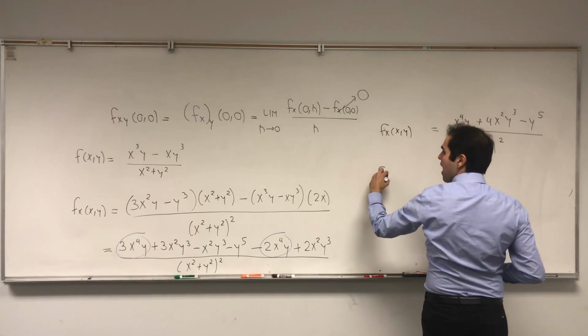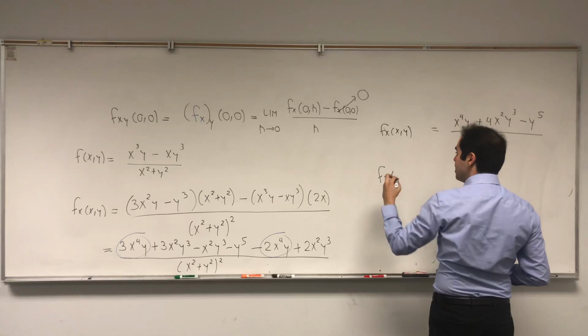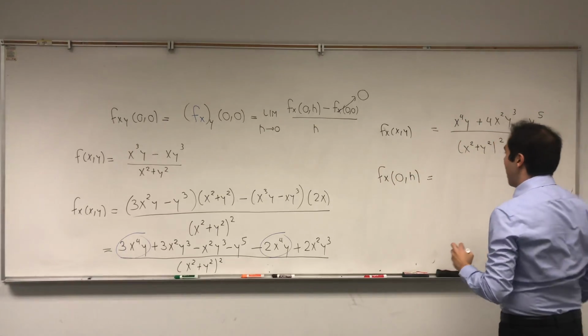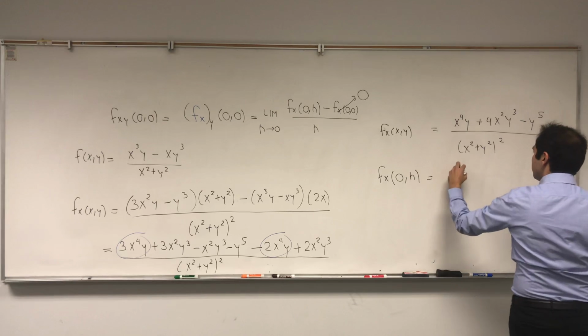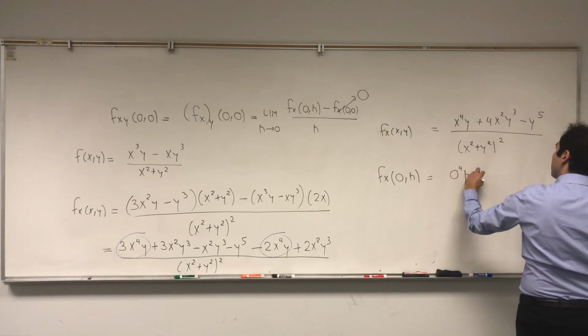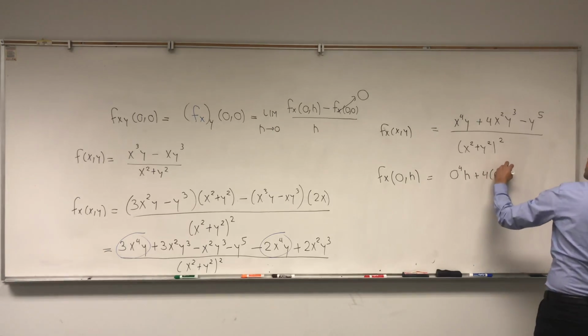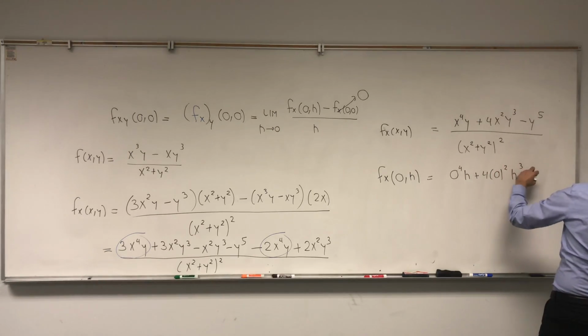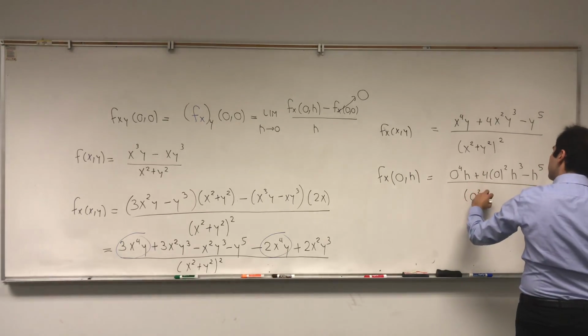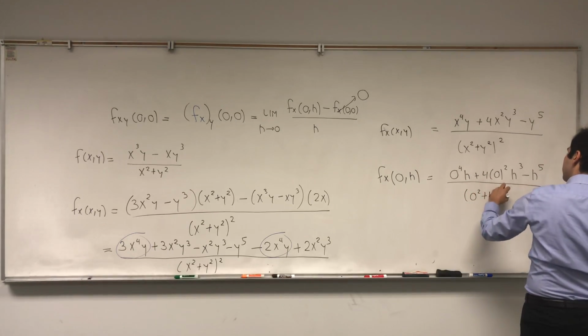Now let's do f_x at (0, h). So all that it means is plug in x equals 0. So 0 to the 4th y h, plus 4 times 0 squared h cubed, minus h to the 5th, over (0 squared plus h squared) squared.